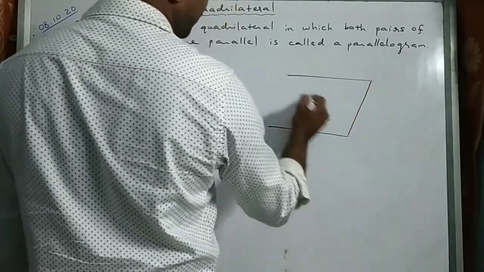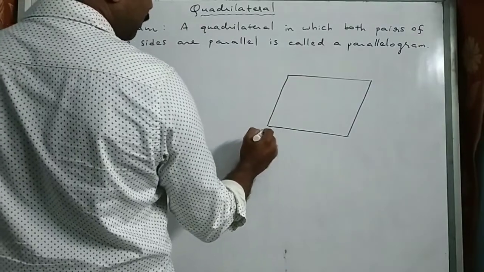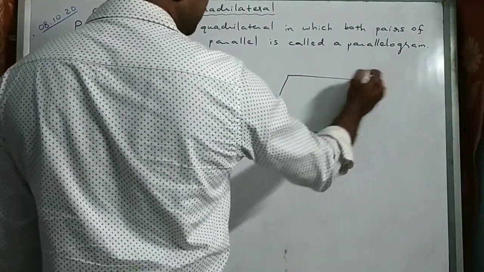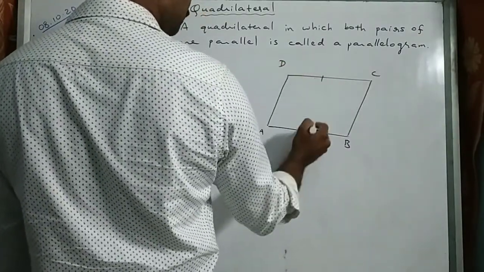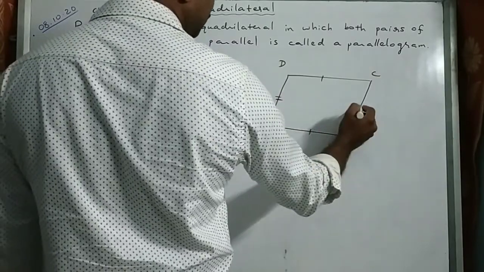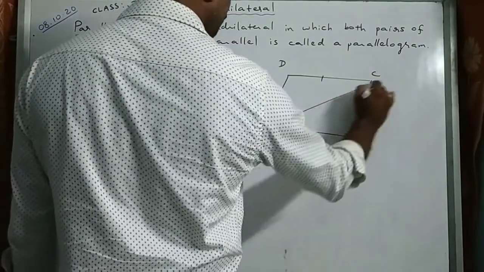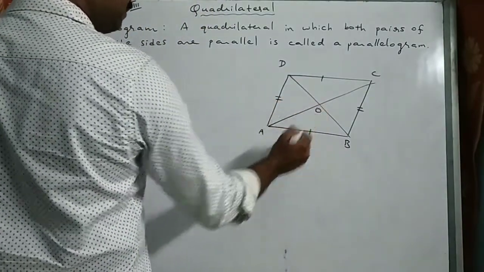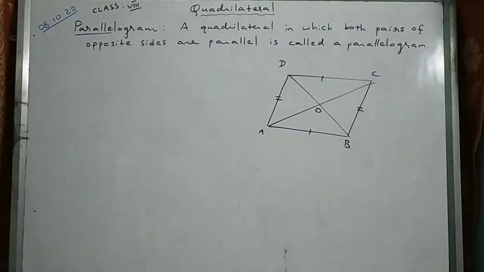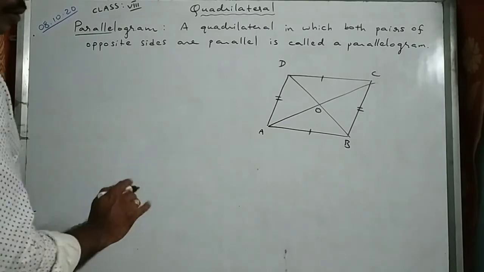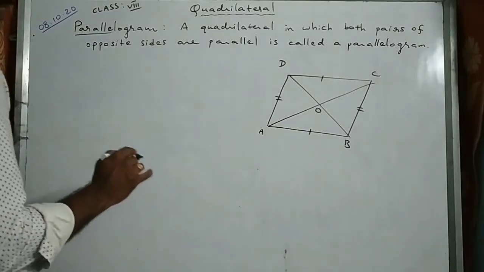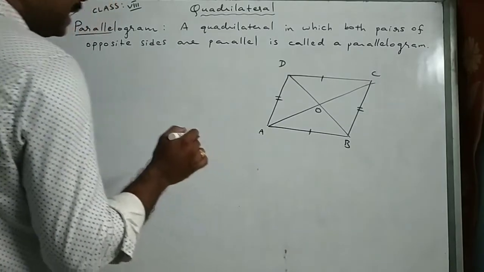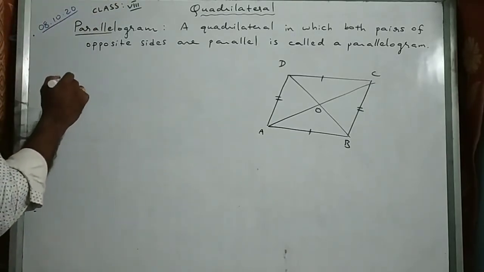So this way we have both pairs of opposite sides A, B, C, D: these two are parallel and these two are also parallel. We have two diagonals, and diagonals bisect each other. Here they only bisect each other, not perpendicularly. In a rhombus, diagonals bisect each other perpendicularly.